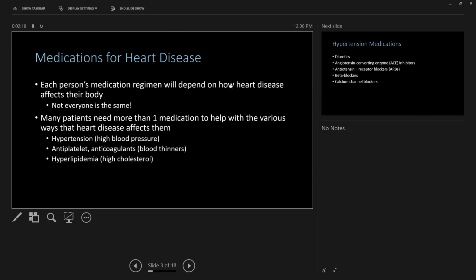For medications for heart disease, a big thing to remember is that if I asked everyone in the chat box what they were taking, and you don't have to say, but if I asked everyone what they or their spouses or family members or parents took, everyone is going to probably have a different answer. The reason is that it's really dependent on how heart disease actually affects your body. So not everyone is the same.